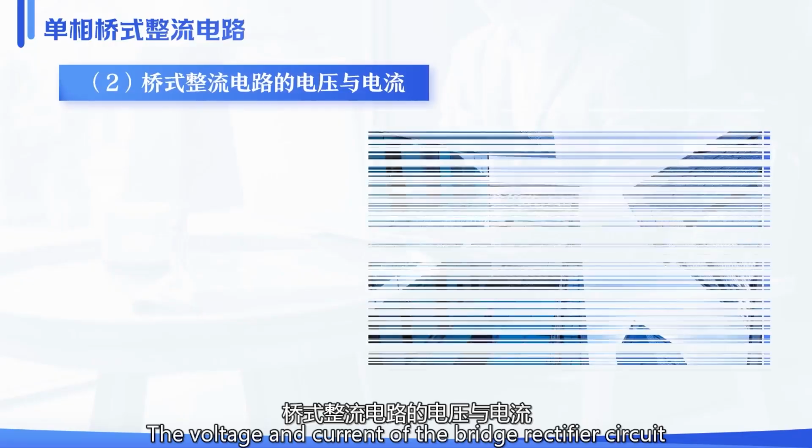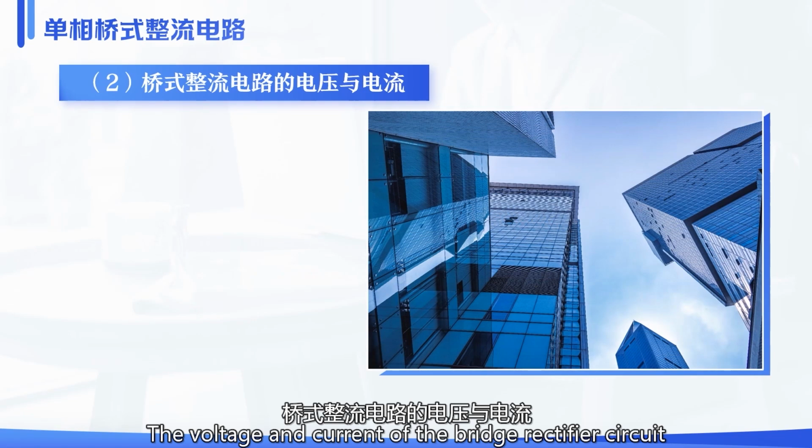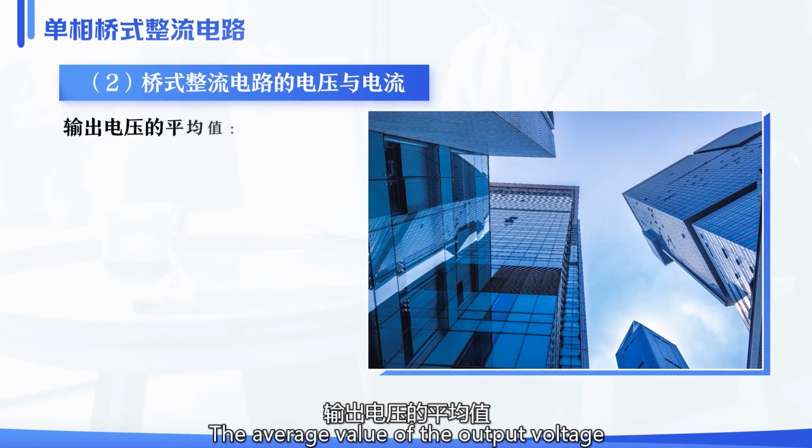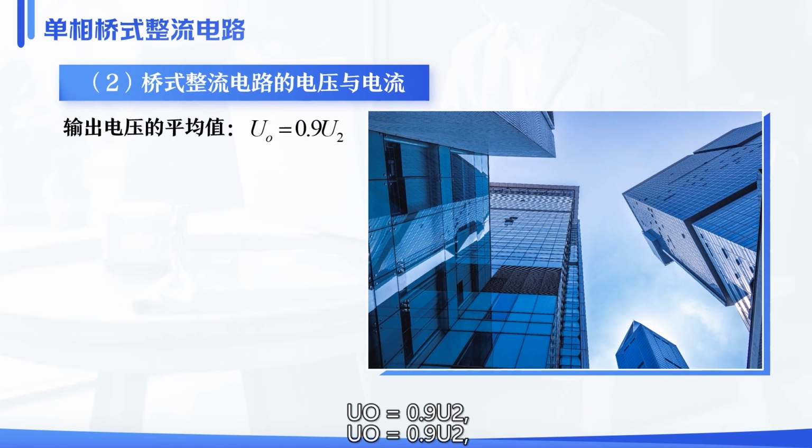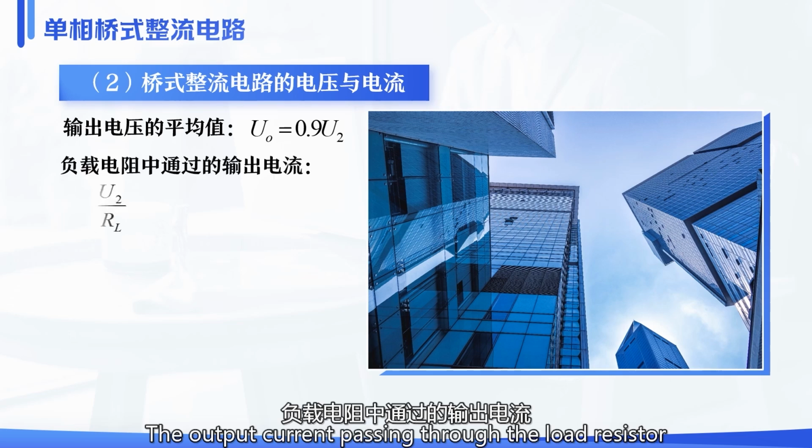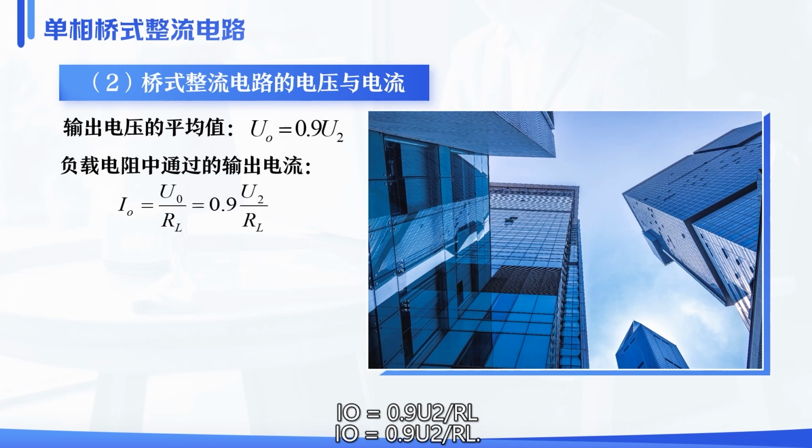For the voltage and current of the bridge rectifier circuit, the average value of the output voltage UO equals 0.9 U2. The output current passing through the load resistor, IO, equals 0.9 U2 per RL.